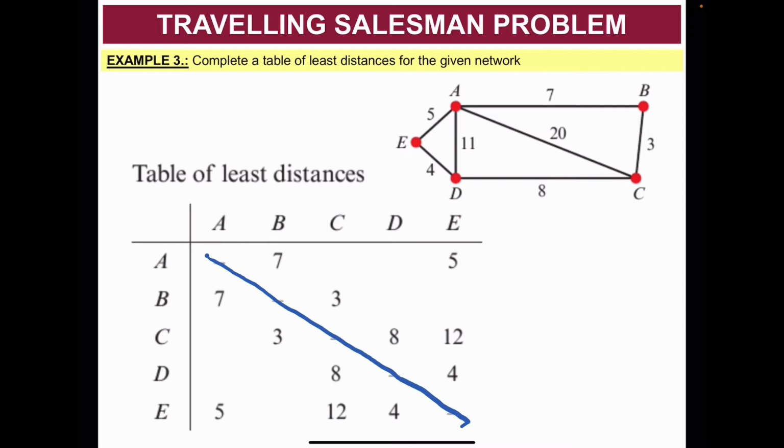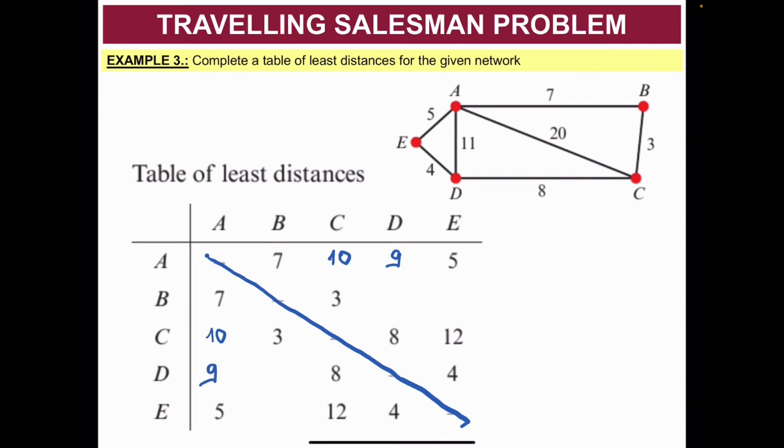So let's look at the AB is 7, and then AC, it can be either 20 direct link, but there is a shorter one that's 10, and I'm going to copy it directly here so I don't have to do it later. Then AD direct link is 11, but there is a shorter one that's 9, and that's 9 here as well.